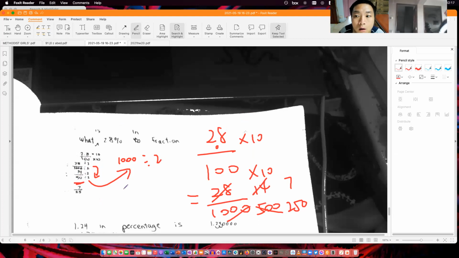How come 1000 divided by 2? How come get 50?